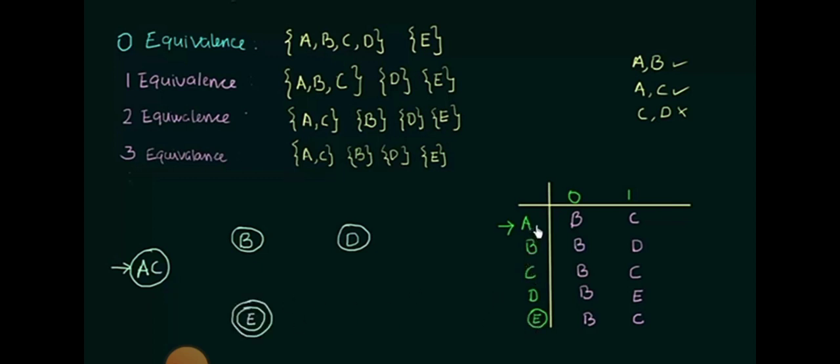A and C go to B on input 0. A and C, on getting the input of 1, go to C, so we draw a self-loop on A and C for input 1.